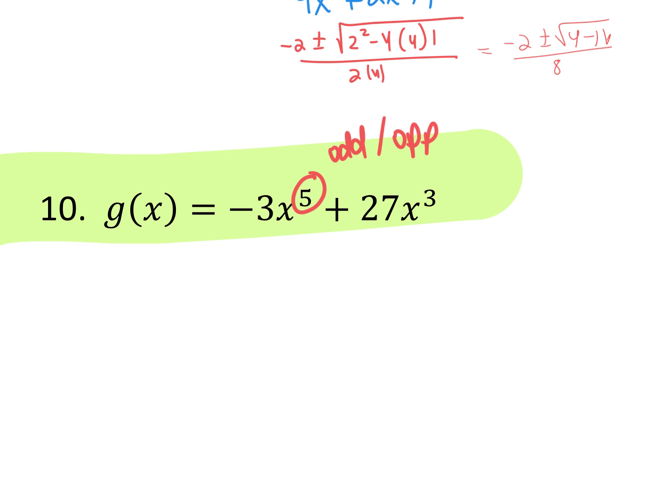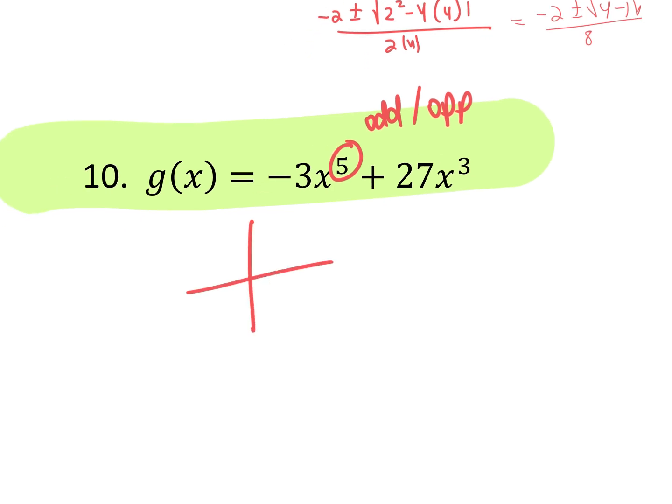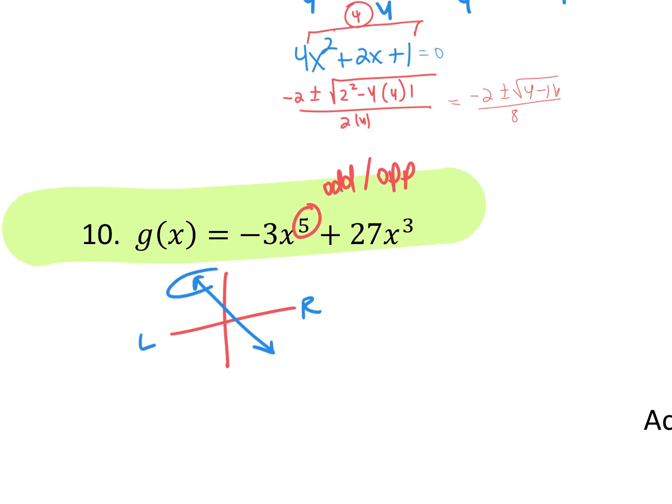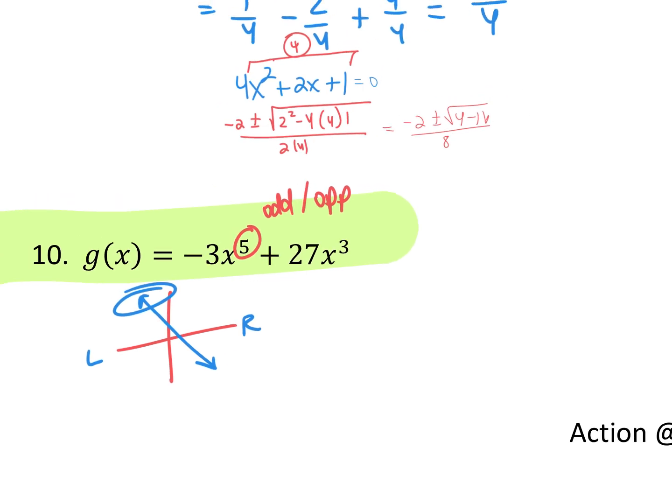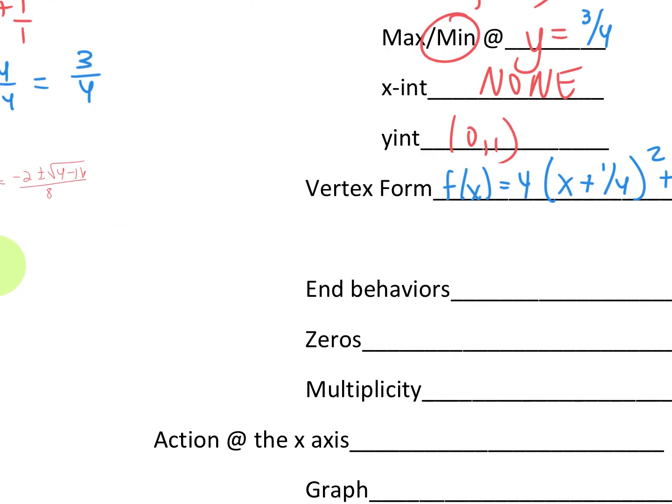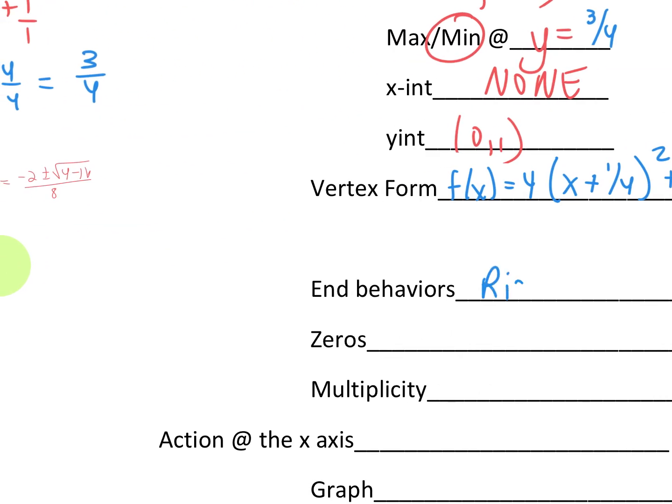Is this a positive or a negative? It's a negative. So what does that tell me? It's going to resemble the ends of a negative line. So here is the left-hand side, here is the right-hand side. What's happening on the left? Is it going up or down? Up. So we say rising. We don't say going up.